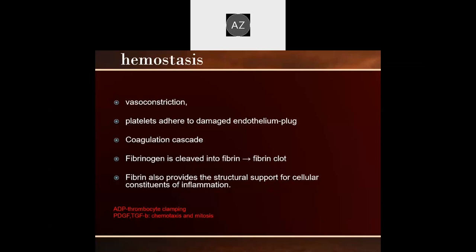So here we have the adenosine phosphate, and then we have the platelet-derived growth factors, and then we have endothelial growth factor, and these all are chemotactic, and then they have mitosis. We have transforming growth factor beta. We have platelet-derived growth factor. Then all these are very, very high yield.